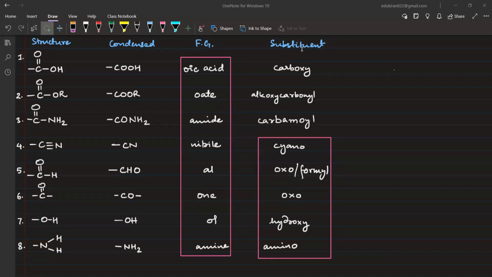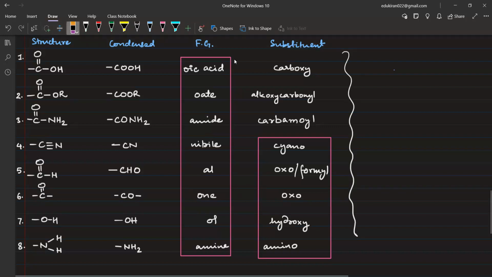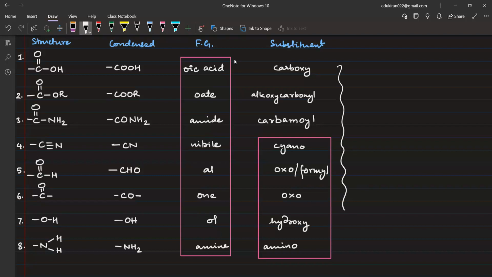Done, sir. Okay. Now see an example here, what I mean with functional group and substituent. So this is the priority order also. You must know all of these things before. For example, if you have double bond O, and here you have OH, here you have two functional groups, ketone and OH.